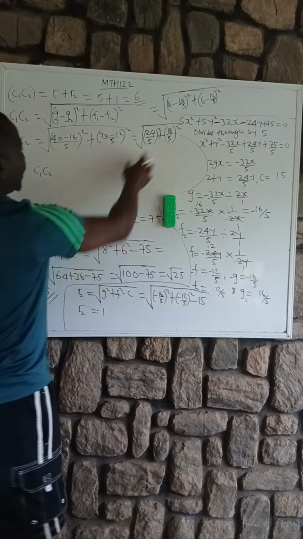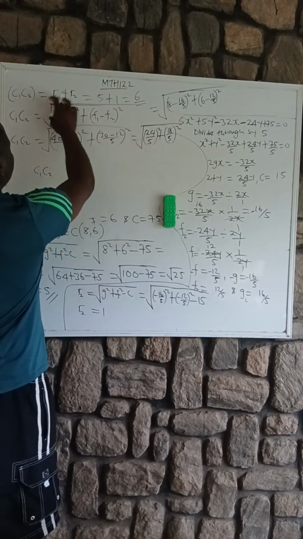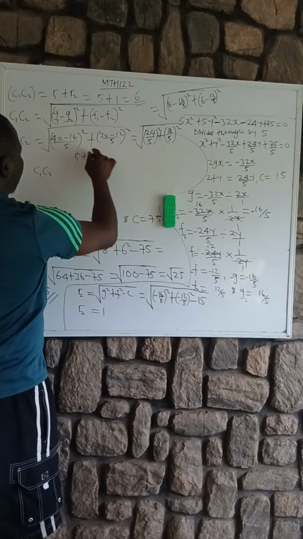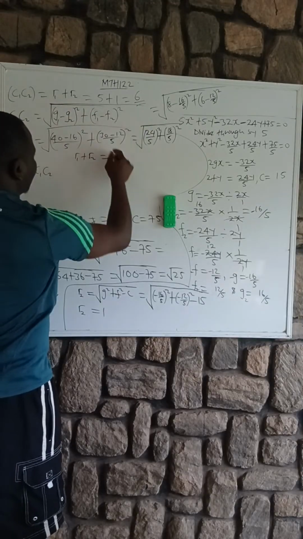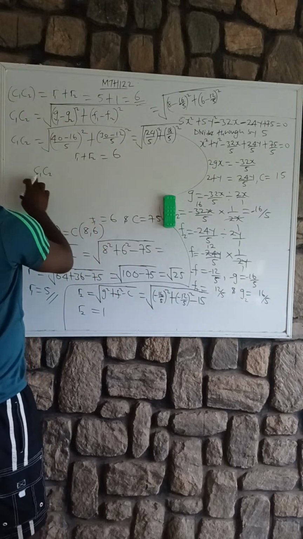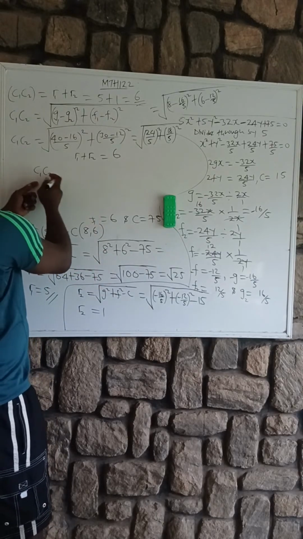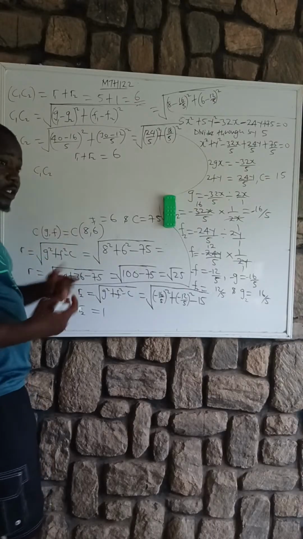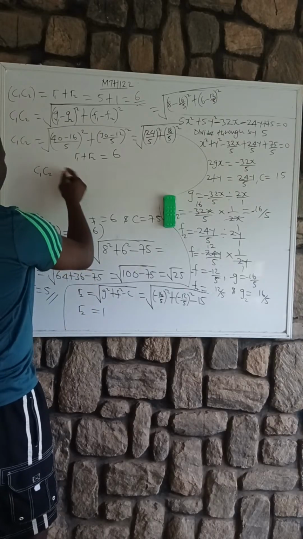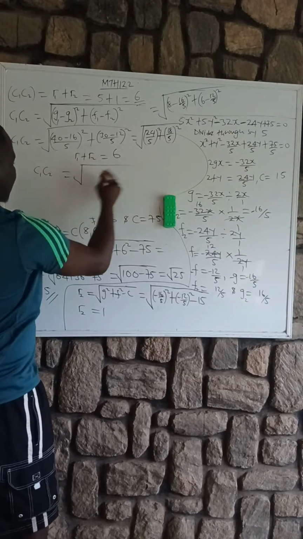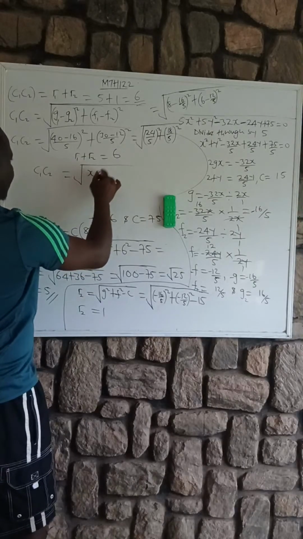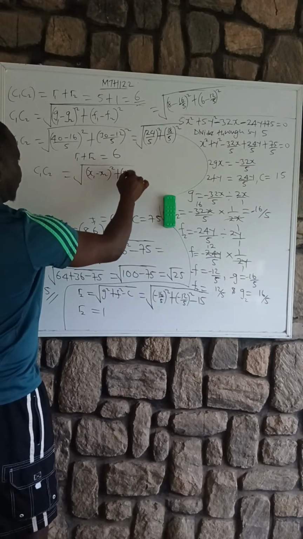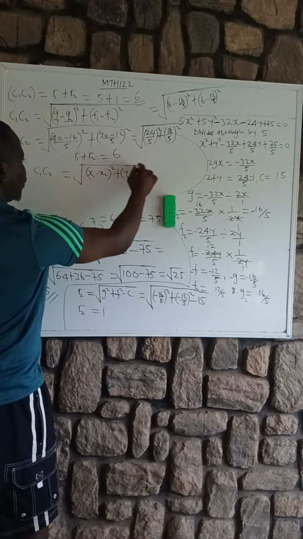So after doing this, you can now see that the two radii, R1 plus R2, give us 6. So now the distance between the two centers, you know the distance formula is nothing but x1 minus x2 all in square plus y1 minus y2 all in square.